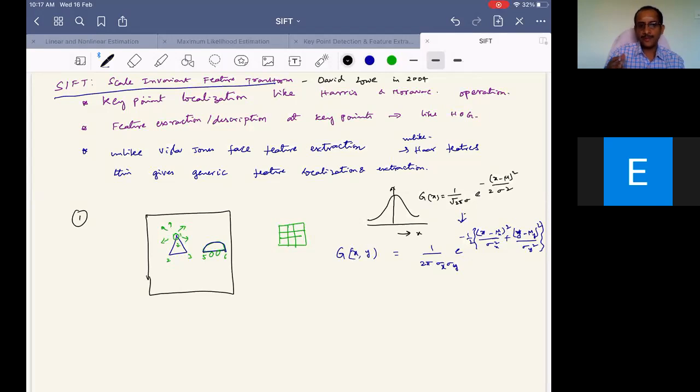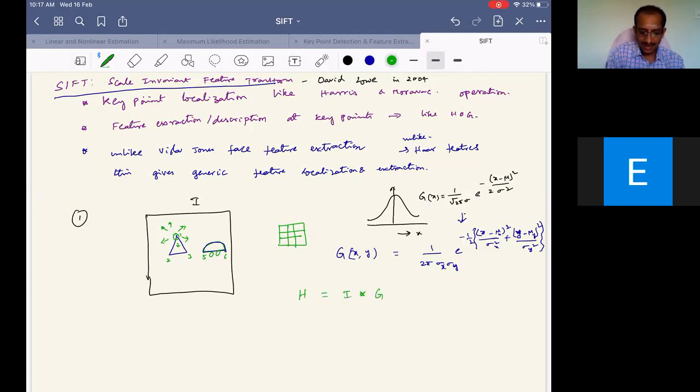Now, if I convolve an image with a two-dimensional Gaussian, let I be the image, and I want to get h, for example. So let's write h is equal to I convolved with g.